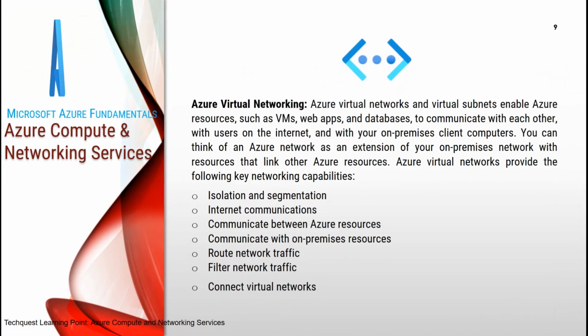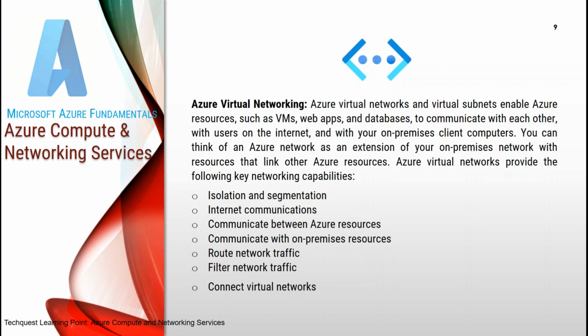Azure Virtual Networking. Azure Virtual Networks and virtual subnets enable Azure resources such as VMs, web apps, and databases to communicate with each other, with users on the internet, and with your on-premises client computers. You can think of an Azure network as an extension of your on-premises network with resources that link other Azure resources.